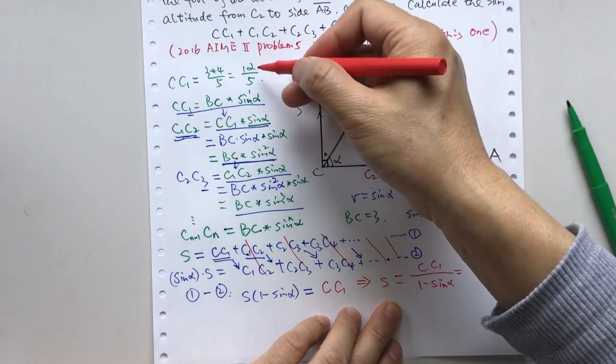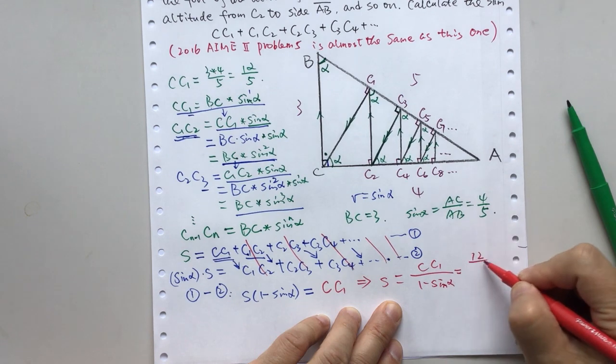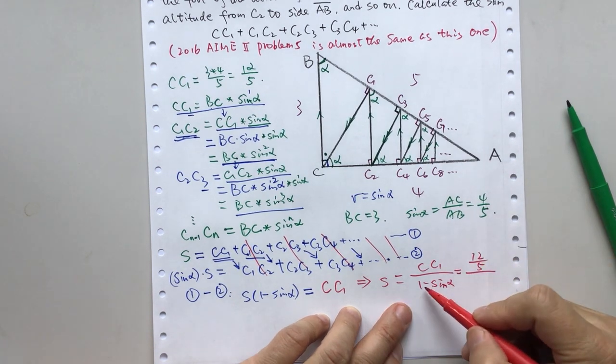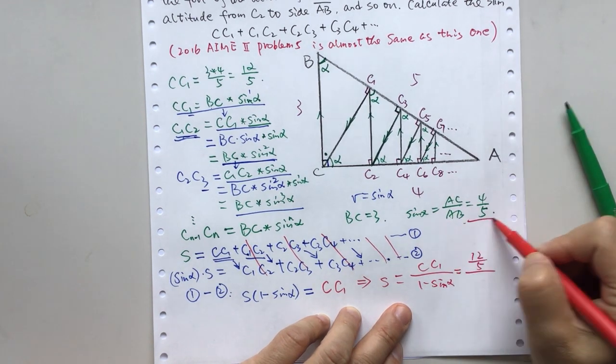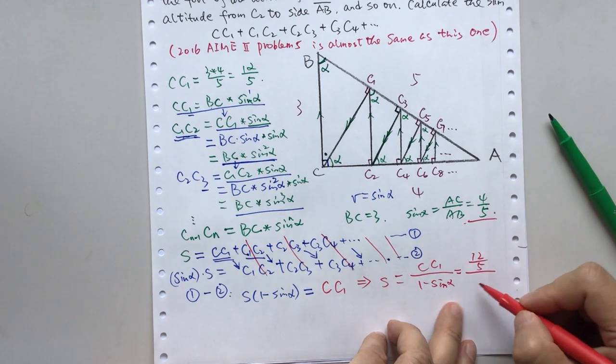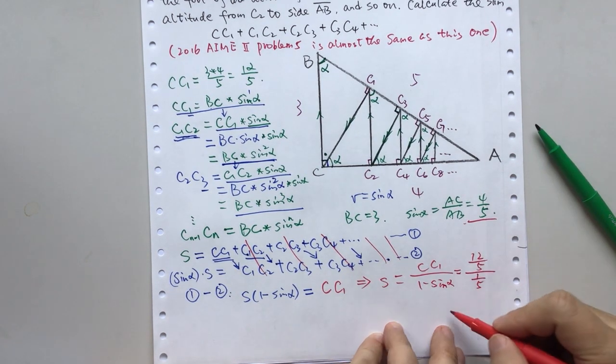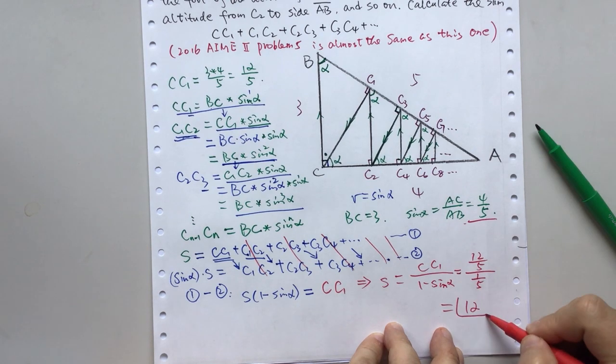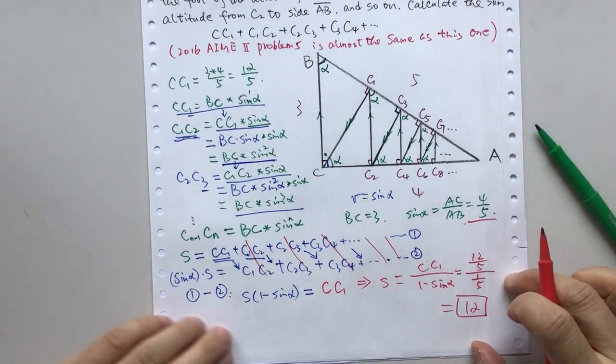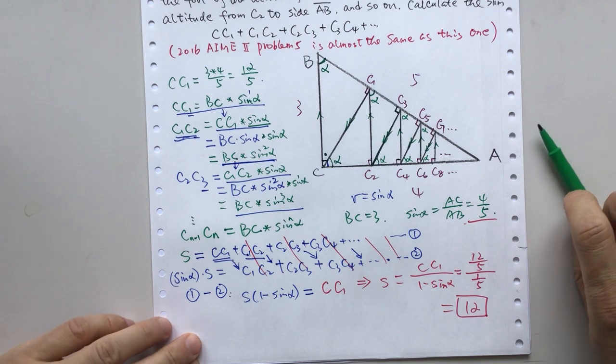C1 is 12 over 5, and here 1 minus sine alpha is 4/5, so 1/5 was left. So the final answer is 12, right? No problem, yeah, it's 12.